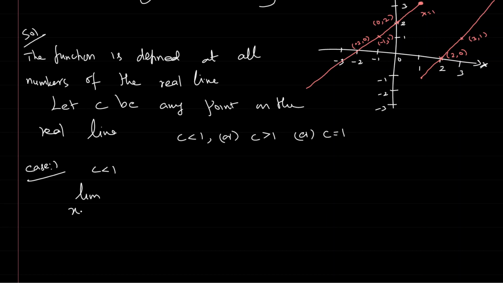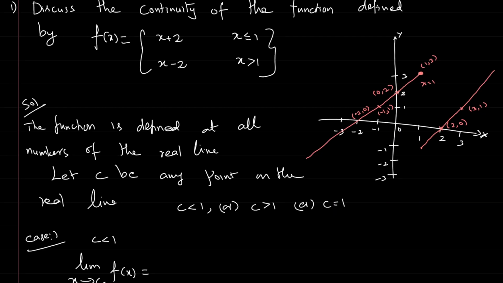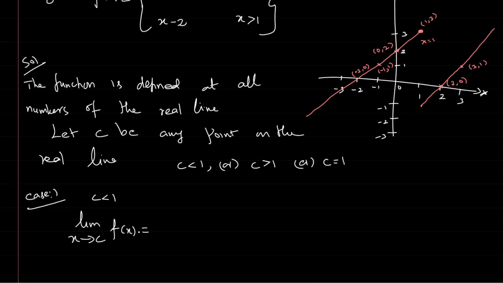So limit x tends to C, f of x is equal to, what about for C less than 1? If C is less than 1, the function will take x plus 2. Therefore, since x tends to C which is less than 1, the function will take x plus 2.